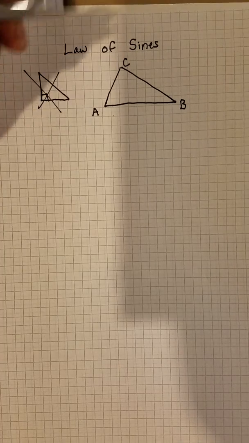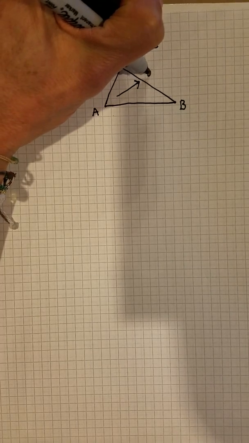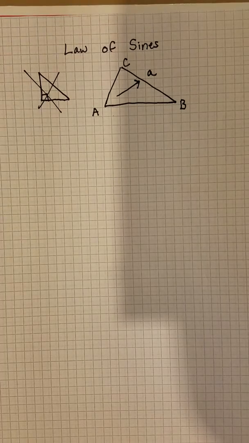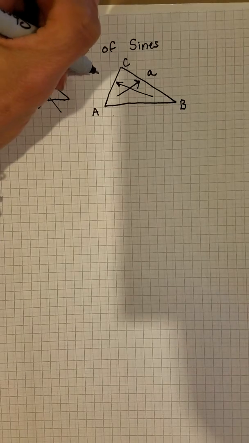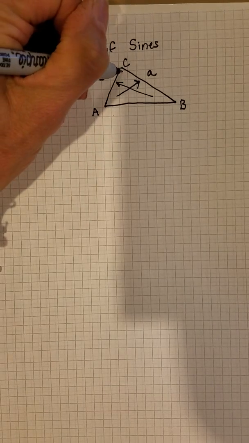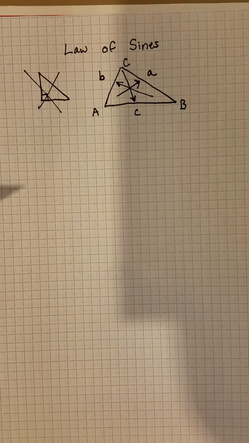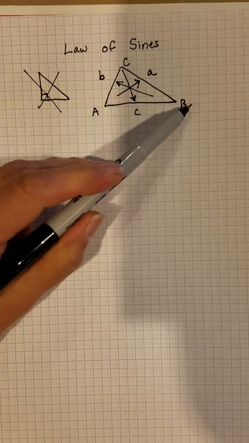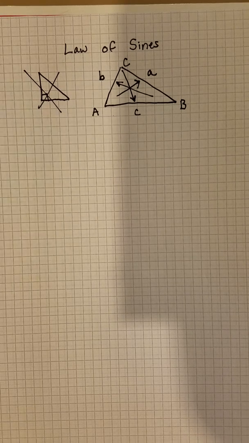So across from angle A, or vertex A, we're going to call that side length lowercase a. Across from vertex B, we're going to call that lowercase b. And across from vertex C, we're going to call that baby c, or lowercase c. So now we have vertices A, B, C with side lengths, little a, little b, little c.